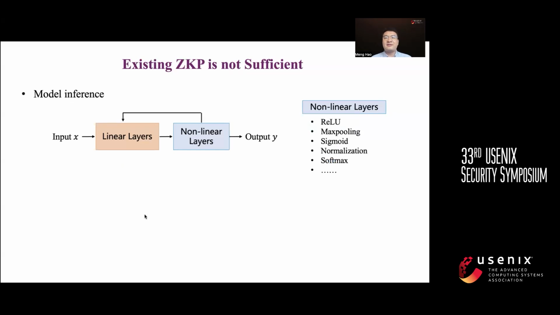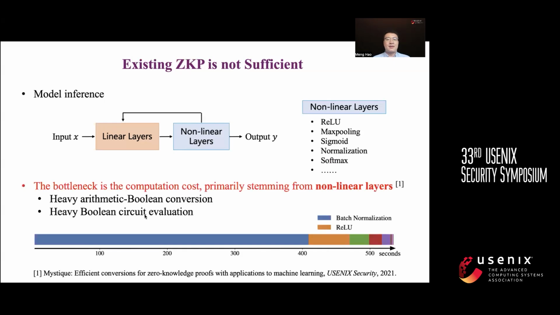However, existing zero-knowledge proofs for inference are not sufficient. A machine learning model is comprised of alternating linear and nonlinear layers. The linear layers include convolutional and fully connected layers, while the nonlinear layers include ReLU, GeLU, softmax, max pooling, and normalization. As shown in recent work, the performance bottleneck is the computational cost, mainly coming from nonlinear layers.